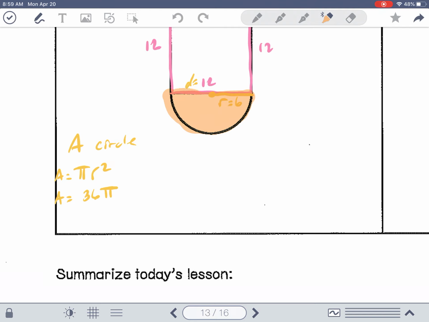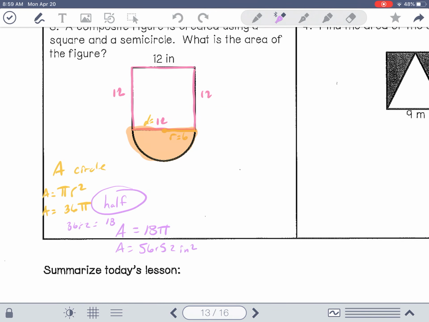So we need half of this: 36 divided by 2 is 18. So the area of the semicircle is 18 pi. Multiplying 3.14 times 18, you would have 56.52 inches squared. That's just this piece.